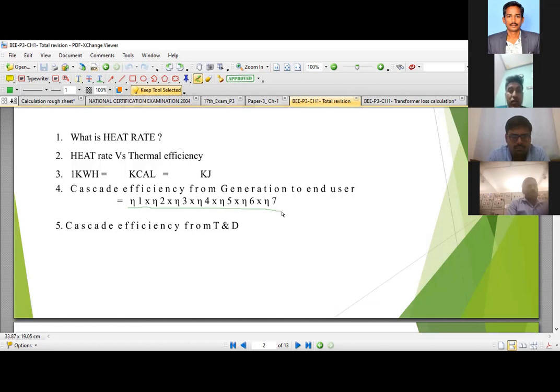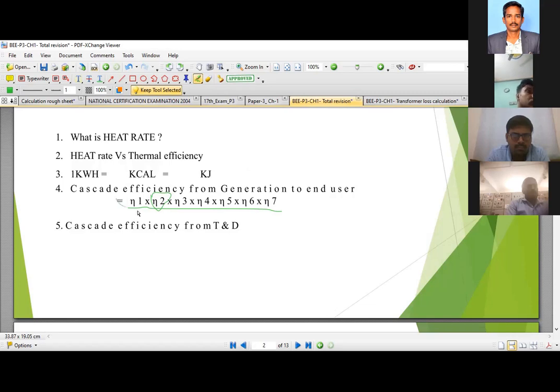Okay, full efficiency. Suppose they give the losses. How to calculate the efficiency? I'm telling only losses, 2% losses. How to calculate the efficiency? Suppose here transmission, 2% losses. Efficiency, how to calculate?